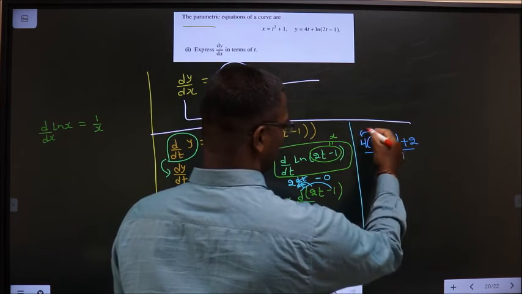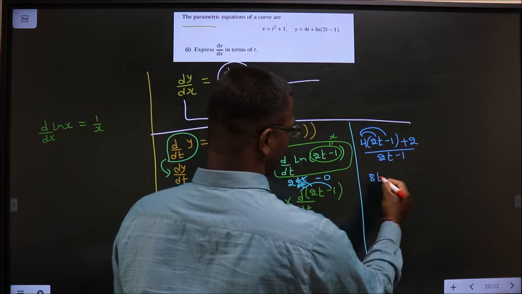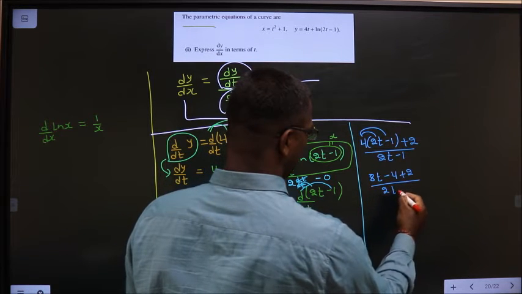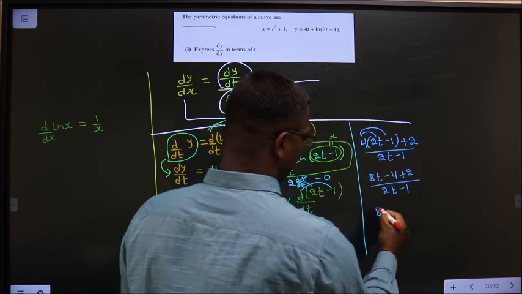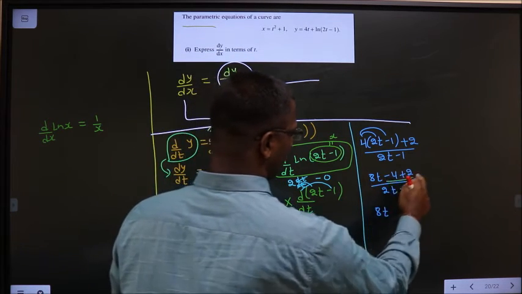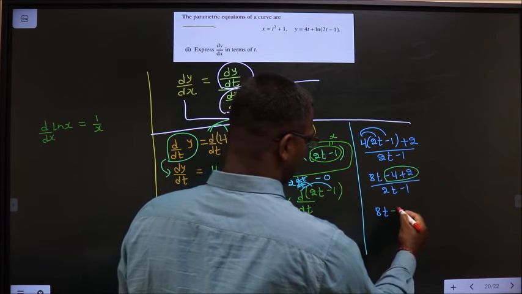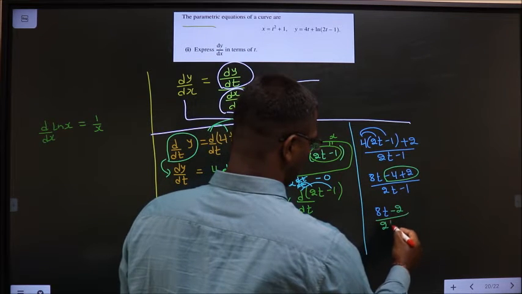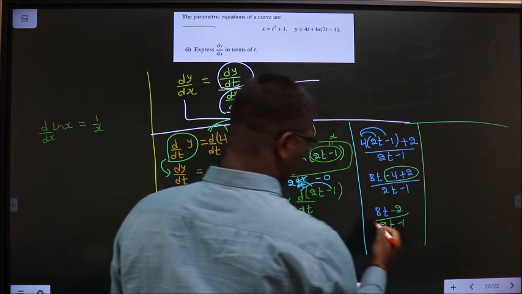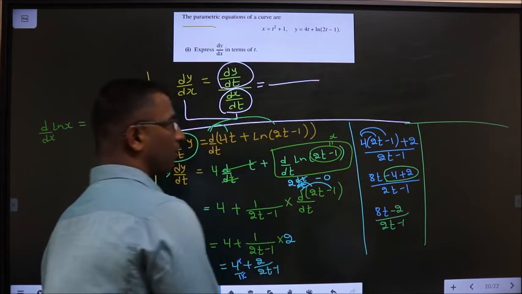So that is equal to 8t minus 4 plus 2 by 2t minus 1. So 8t minus 4 plus 2 is 8t minus 2, over 2t minus 1. So this is dy by dt.